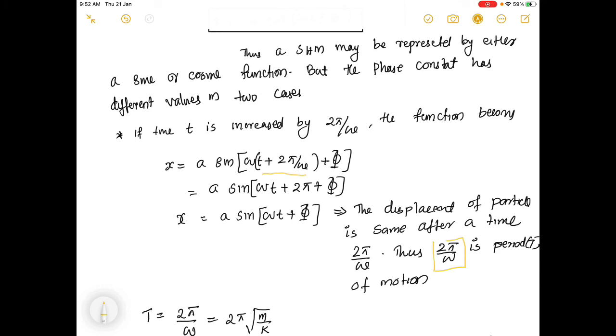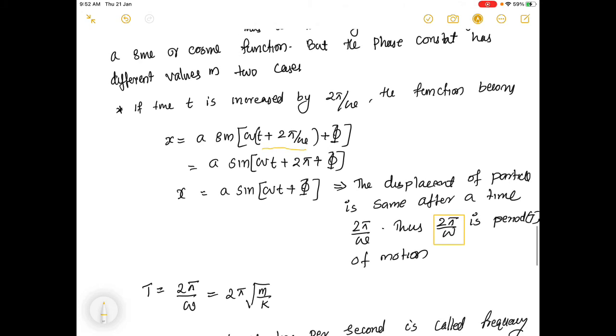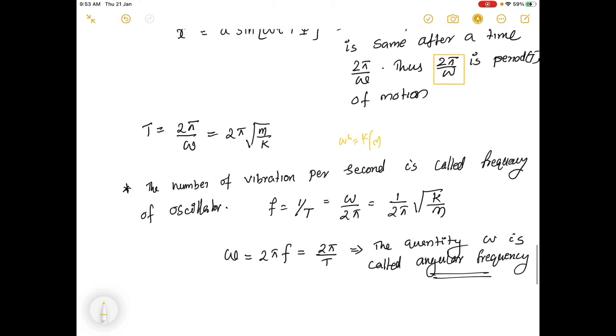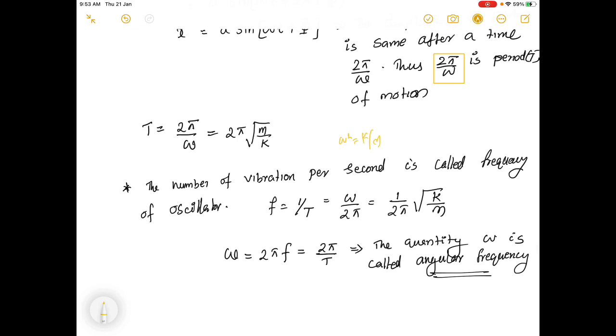That's why 2 pi by omega is the period of motion. I can write 2 pi by omega as the period. You know omega square is equal to k by m, so omega is root k by m, and the period is equal to 2 pi root of m by k. The number of vibrations per second is called the frequency of the oscillator.